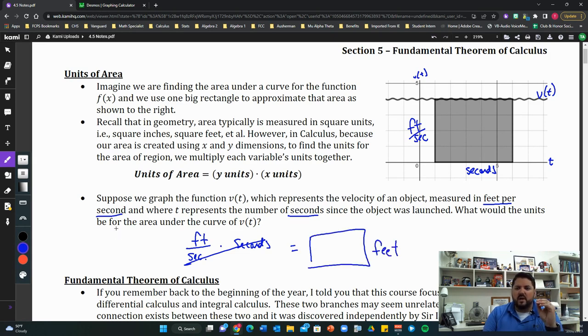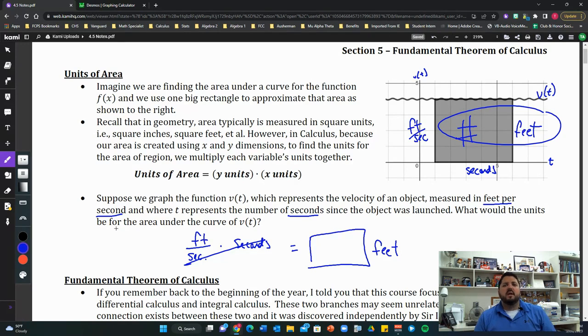So in this case, when I take the integral of this velocity equation, or I find the area under that velocity equation, whatever this number is, the units of this thing, it's some number of feet, which is a bit of a breakthrough for us. And this is kind of where we lay the groundwork for the connection between our antidifferentiation and our area problems.